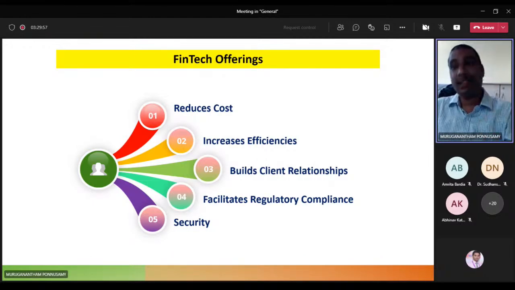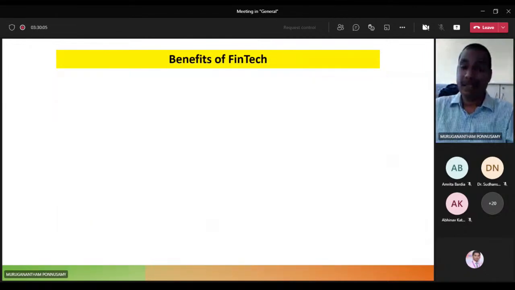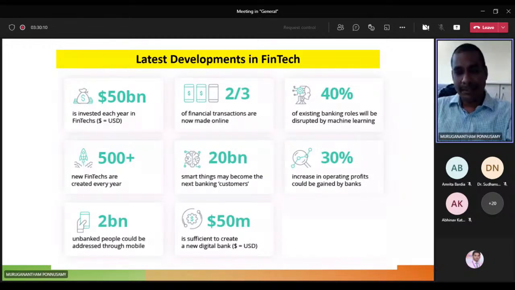If you are looking at the latest developments in FinTech: $50 billion is invested each year. 66% of financial transactions are now made online. 40% of existing banks' roles will be disrupted by machine learning technology. 500 plus new fintechs are created every year. 20 billion top things may become the next banking customers.